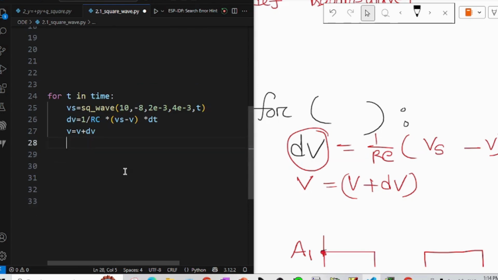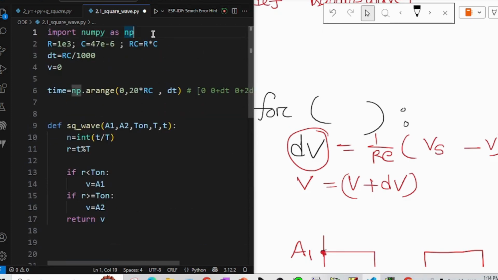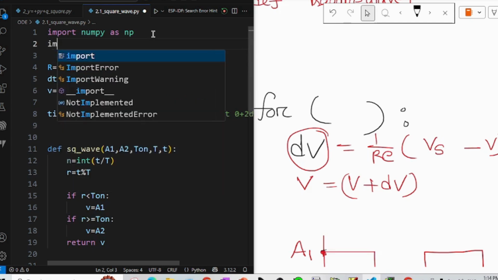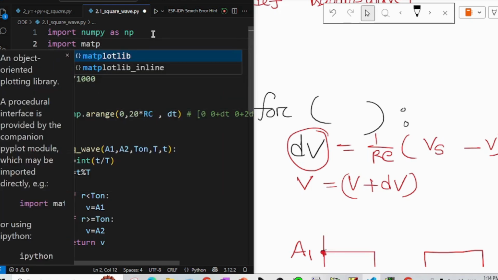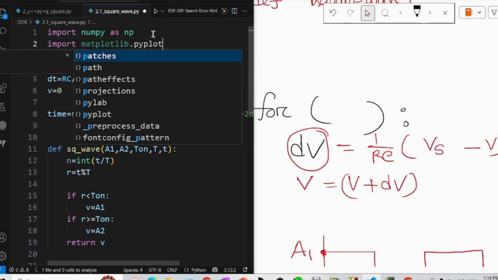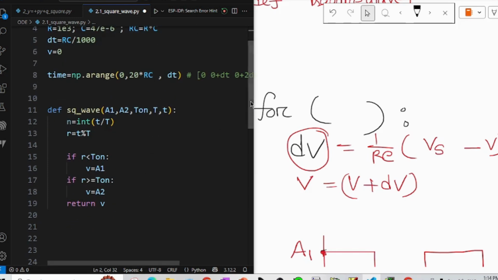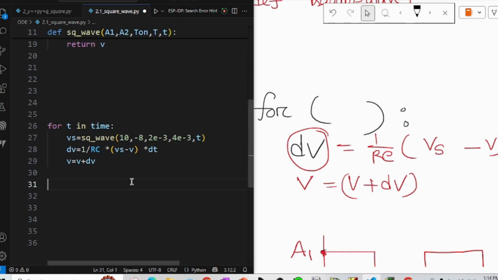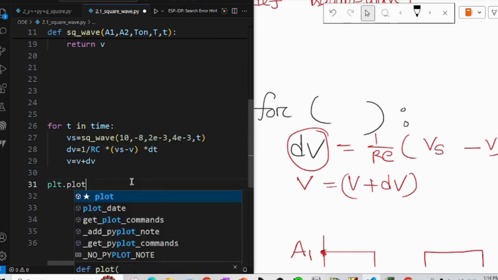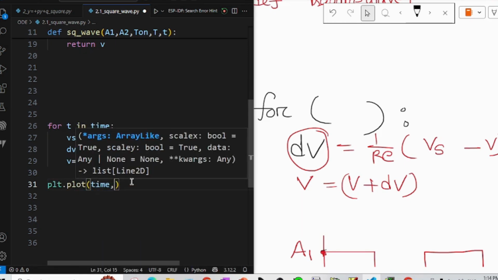Now finally we need to plot this thing, and to plot this we have to import another module here. So let's import matplotlib dot pyplot as plt. Now I need to plot this. So plt dot plot, at the x-axis I have time, and at the y-axis I have the voltage of the capacitor, but we haven't made any voltage array.